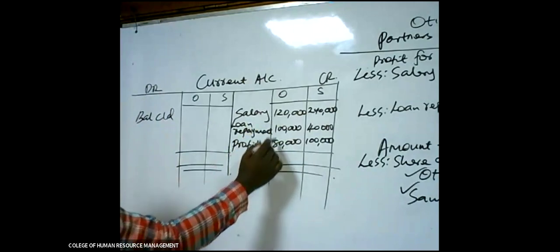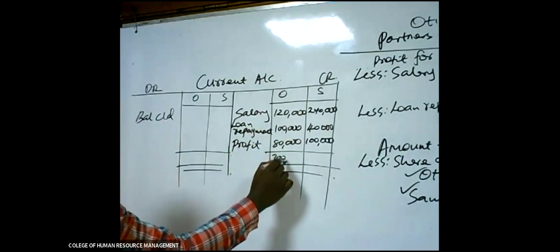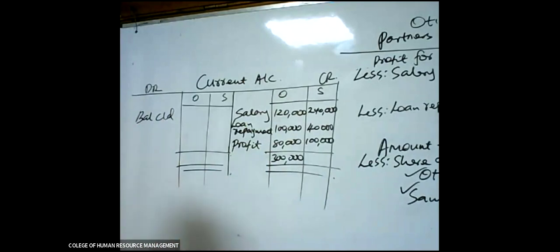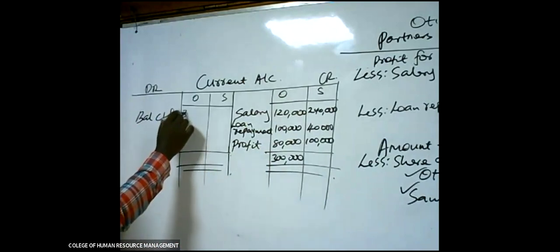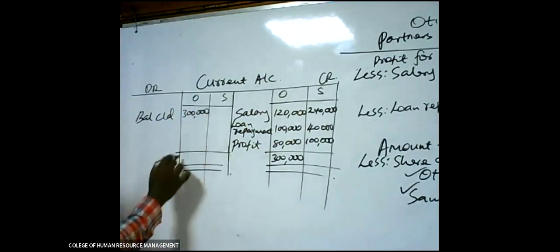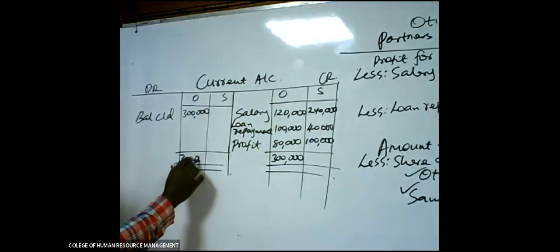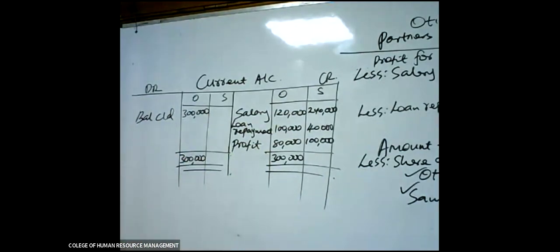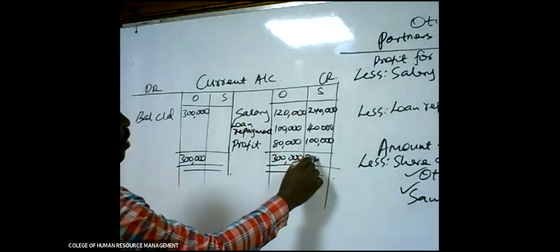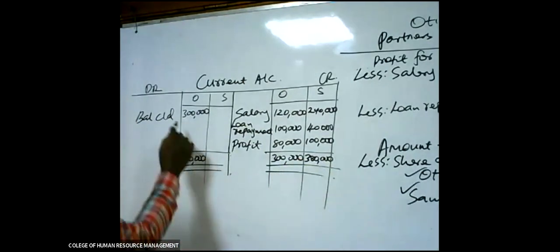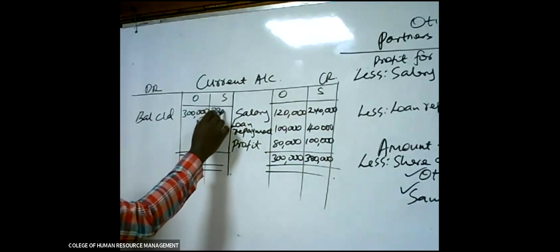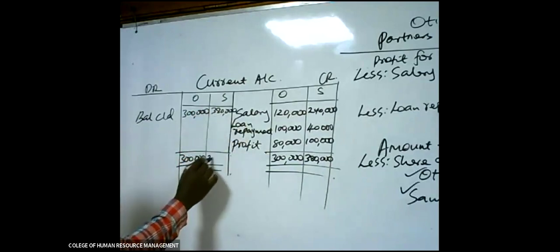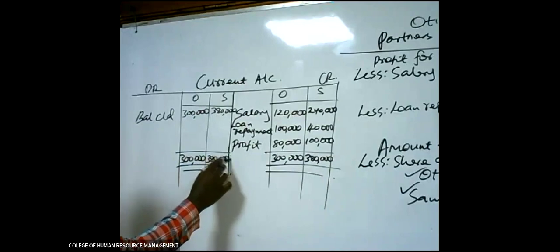For this one, it is going to be 300,000. So the balance carried down for this is 300,000. Then here is 300,000. That is done. This one is going to be 380,000. So the balance carried down here is 380,000. The total here is 380,000.